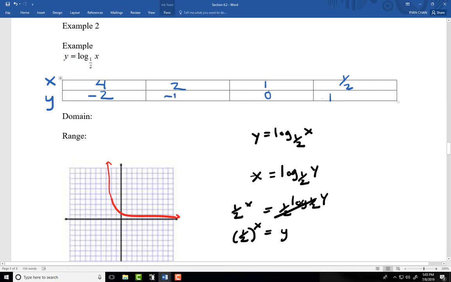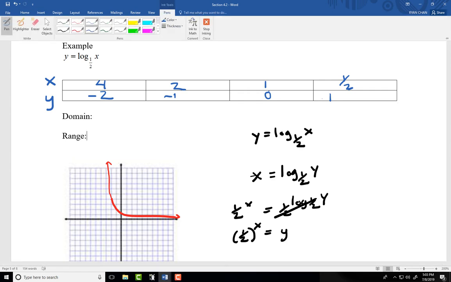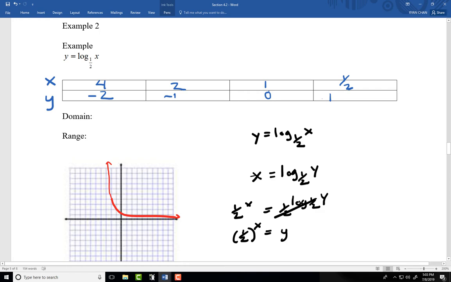So the points will be 4, -2; 2, -1; 1, 0; and 1/2, 1, which would be like here. So this blue graph is going to look like this.